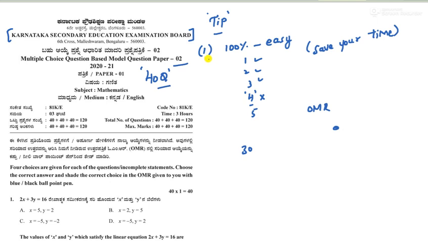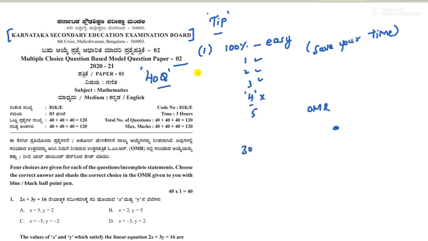So instead of leaving it, just mark any one of the answers. By luck it may be the correct one. Since you don't have any negative marking, that if you put a wrong answer your marks will be deducted, there is no problem in marking if the answer is not known by you. So keep that in mind. Answer all the questions. With that, let me start solving the questions.